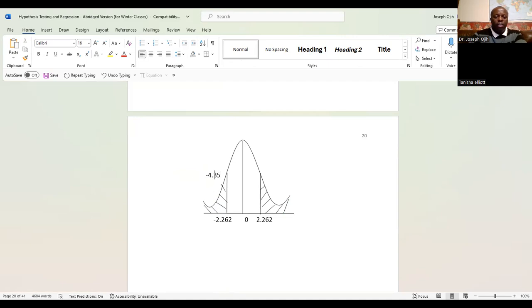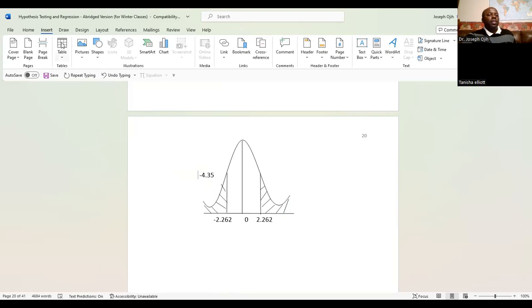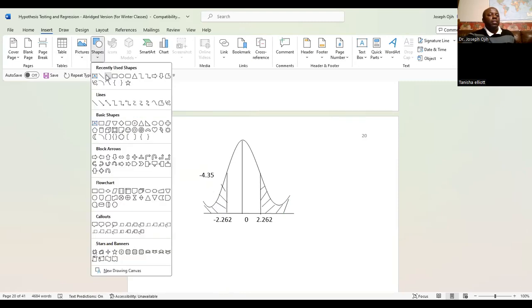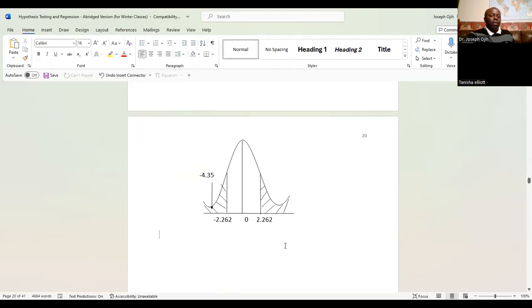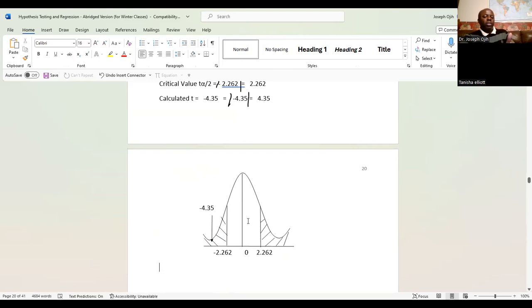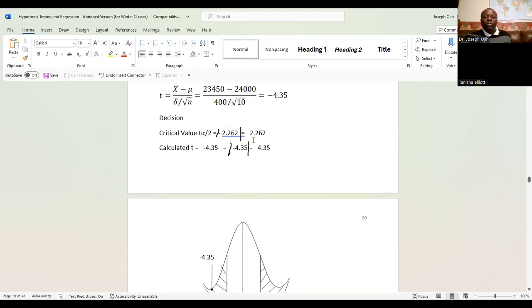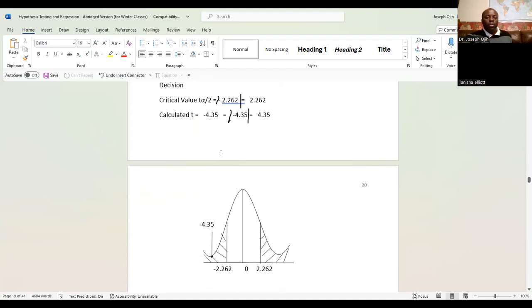You can see that this number fell inside the rejection region right here around that spot. See? So that's why either you draw it this way to show that it's bigger, or you just use the absolute value to reject. So that means we reject.